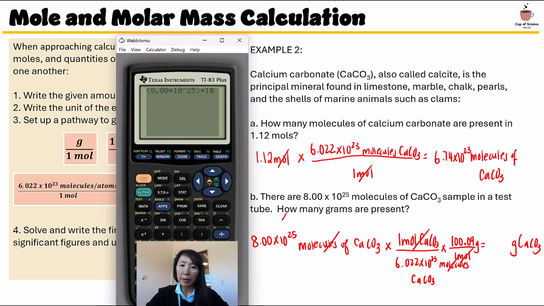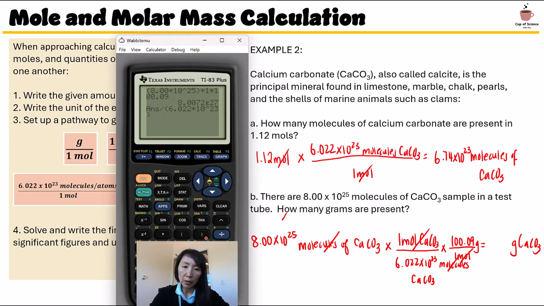And then multiply that by 100.09. I hit enter and I get this large value, and then divided by the Avogadro's number, which is 6.022 times 10 to the 23rd.